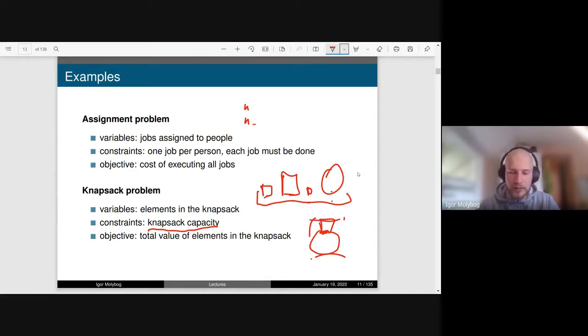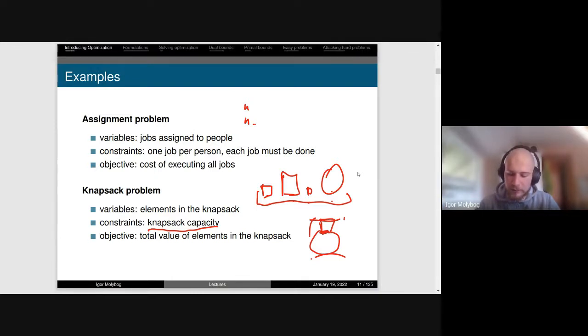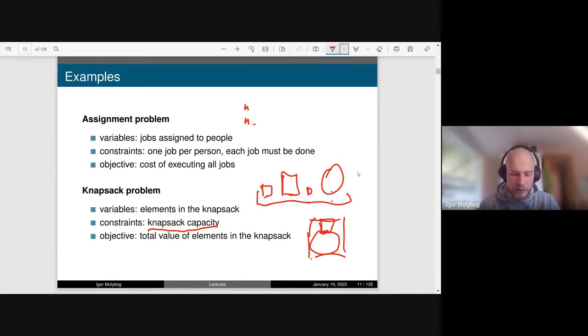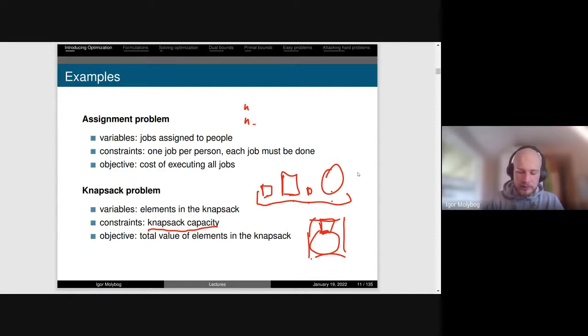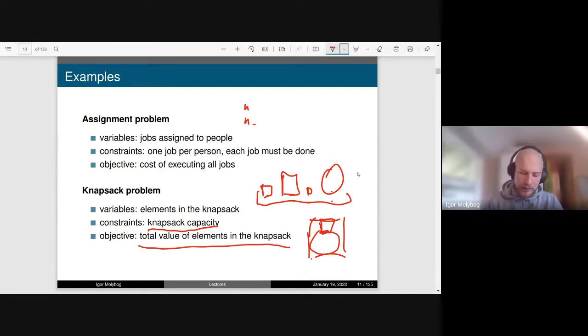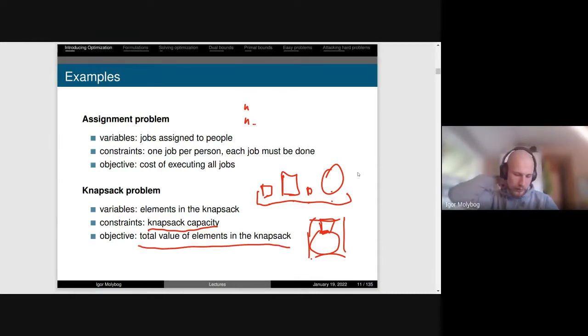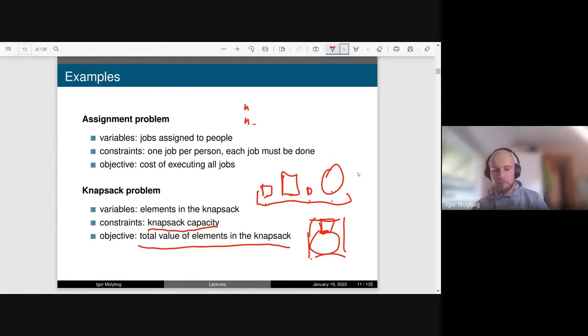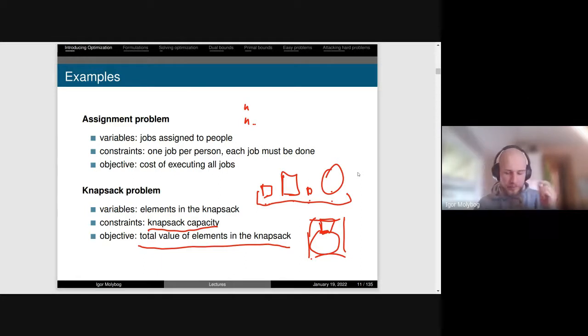For example, we are going on an adventure. We would like to maximize the total value of elements in the knapsack. If we're going on an adventure, probably water and food would be of the most value. But if we are trying to rob a bank, then probably the golden items would be the most valuable.